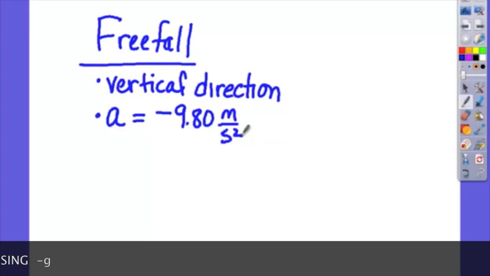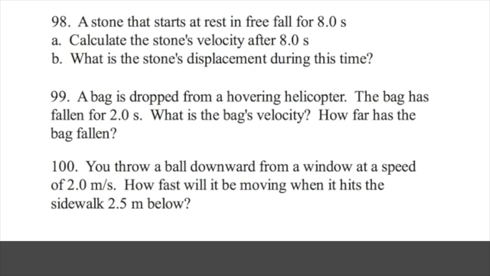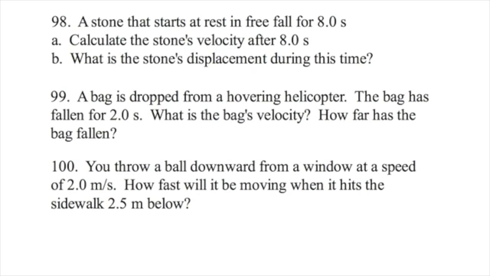All right? So we're going to do a couple problems. These are the ones that I've picked out because they are going to give you an opportunity to apply the motion equations to free fall acceleration.